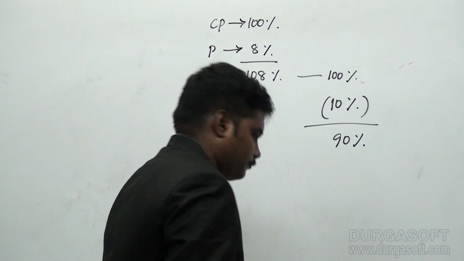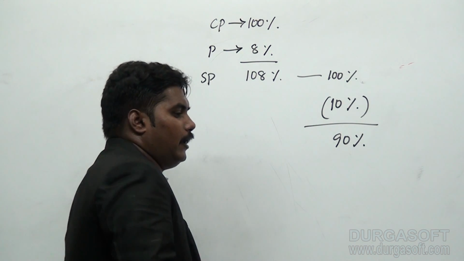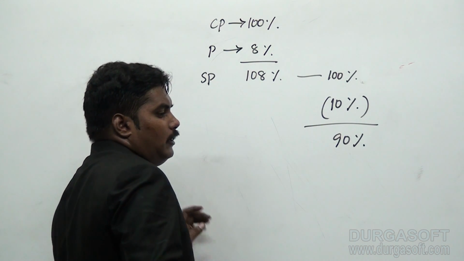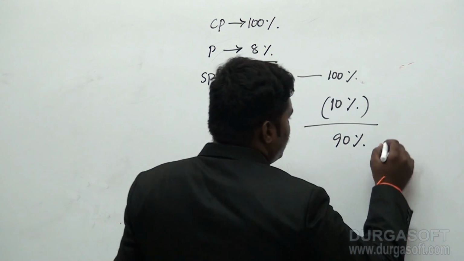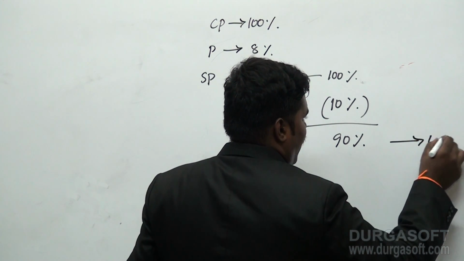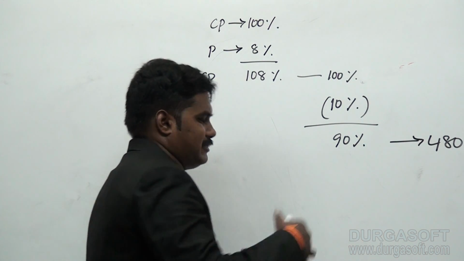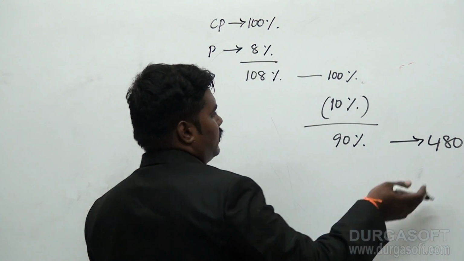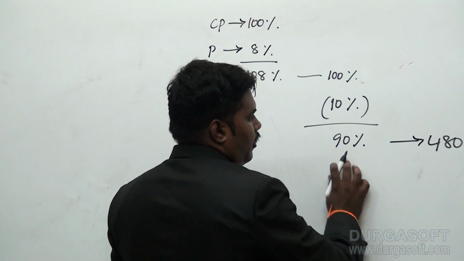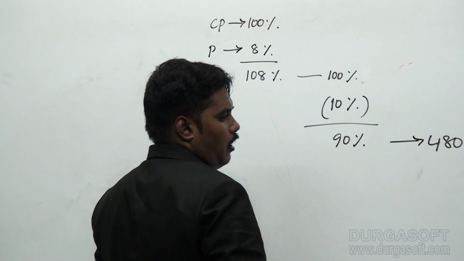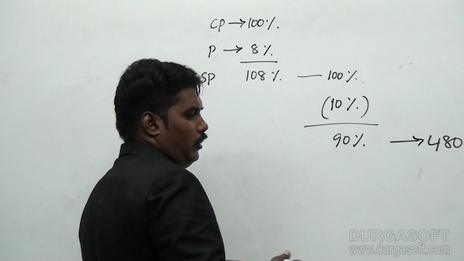Now when you look here, the market price of the radio is 480. That means this value is equal to what? 480. When you cancel zeros, you can get the 9% value, and you can get the 1% value like that.